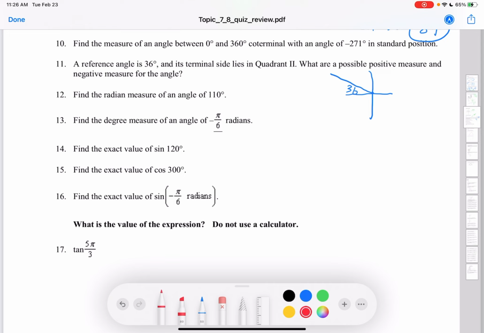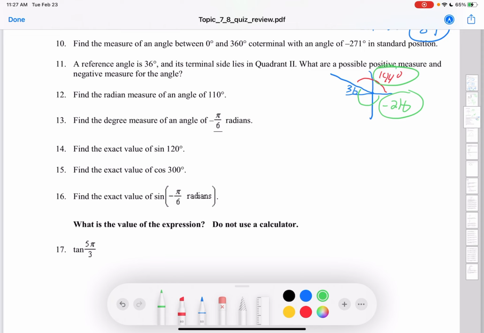I can find this one by going 180 minus 36, which is 144. That's the positive one. The negative one is going to be this one, so I can go negative 180 plus negative 36, which is negative 216. And there are your solutions.